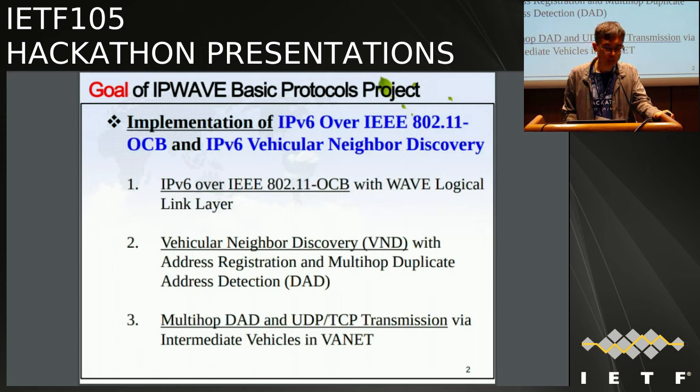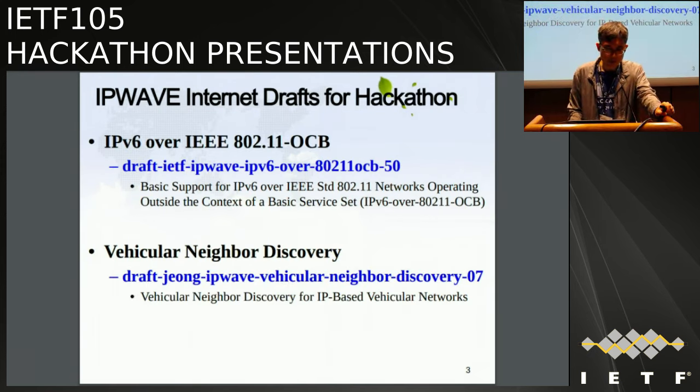The second is vehicular neighbor discovery with address registration and multi-hop DAD. We also take advantage of intermediate vehicles in between to reduce DAD time, and we can shorten the initialization of TCP and UDP transmission. So we proved the two OCB drafts and also the vehicular neighbor discovery draft.